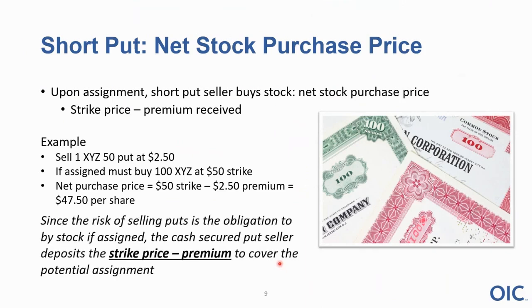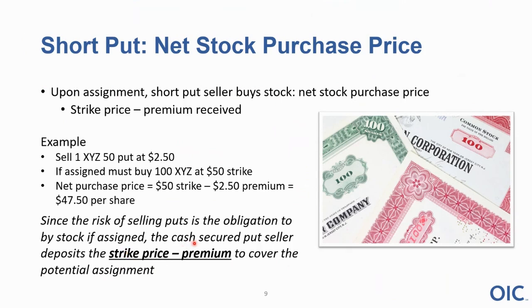And since the risk in selling puts, as I had mentioned, is that you would have to buy the shares at the strike price, and because the stock can theoretically go down to zero, upon execution of the trade your brokerage firm or your trading firm is going to require you to deposit the strike price minus the premium to cover that potential assignment.